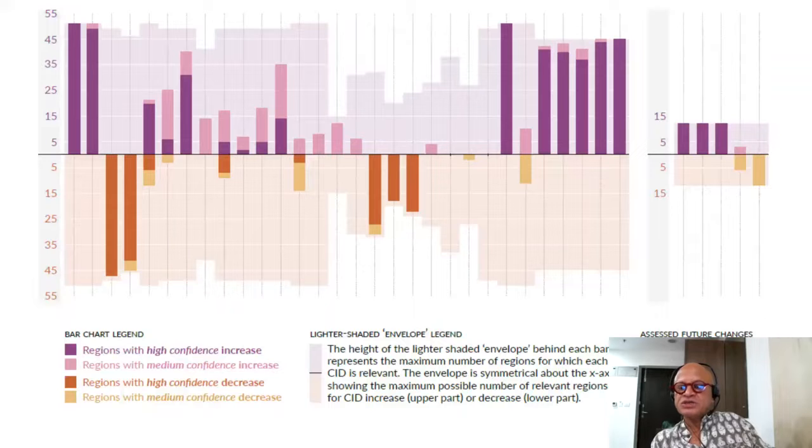Assessed future changes. Changes refer to a 20 to 30 year period centered around 2050 and/or consistent with 2 degrees C global warming compared to a similar period within 1960 to 2014 or 1850 to 1900, depending on the particular climatic driver you are looking at.